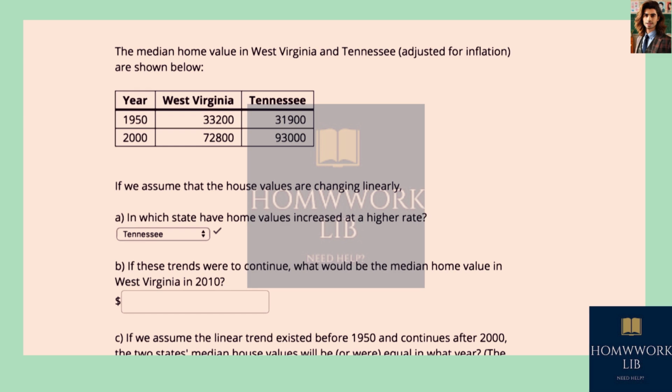Well, what we'd want to do is find the slope, the rate of change, for each state. So for West Virginia, their slope would be y2 minus y1, over x2 minus x1.